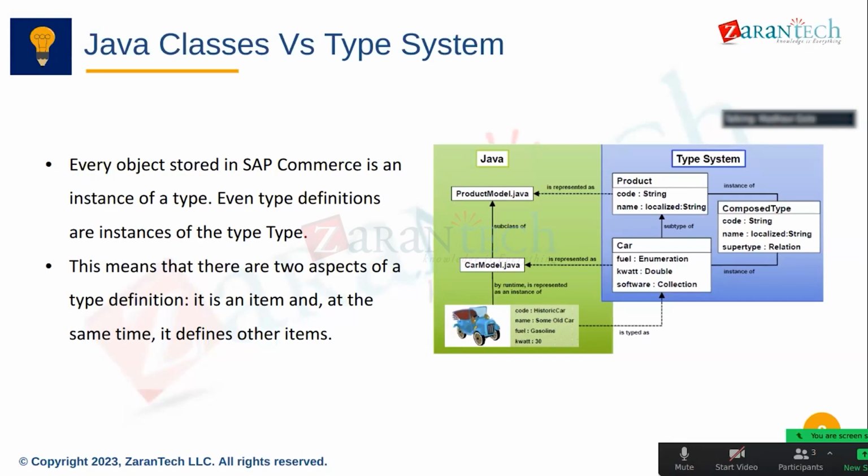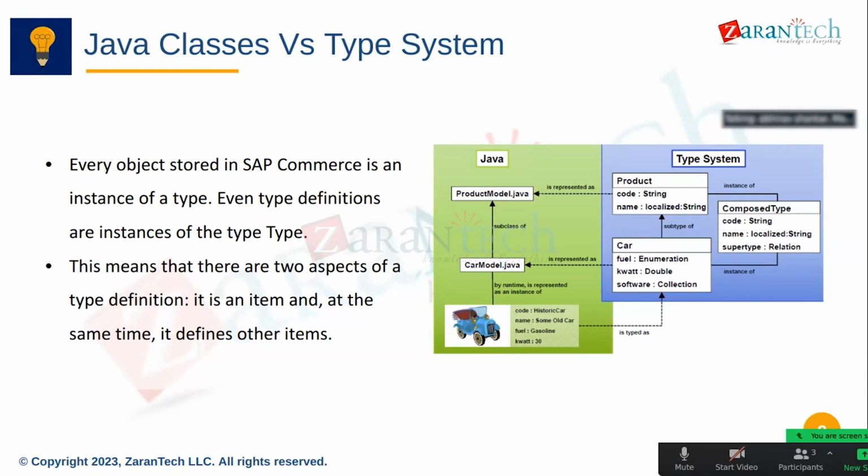We go to product, it has code and name and then composed type. Composed type is inheriting product. I will explain more about it. What is super type in composed type?